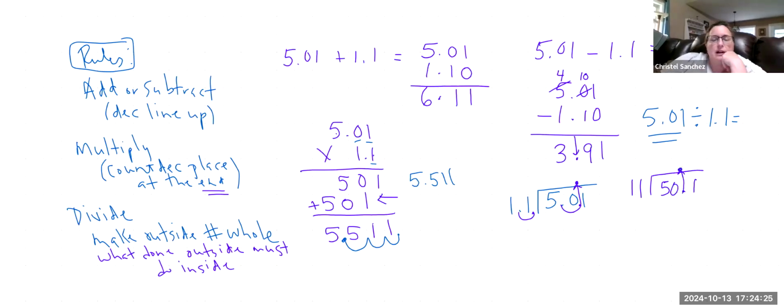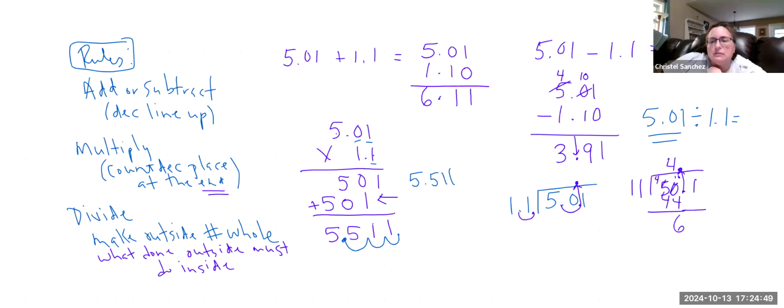Okay. So now how many times does 11 go into 50? We have 4 times. 4 times 11 is 44. And then when I subtract 44 from 50, I get 6. Now, can 11 go into 6?